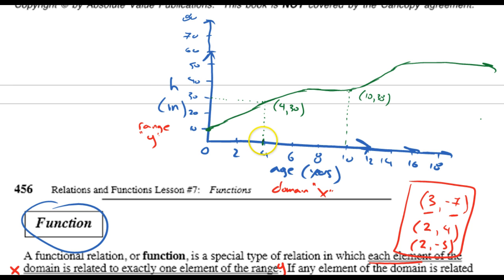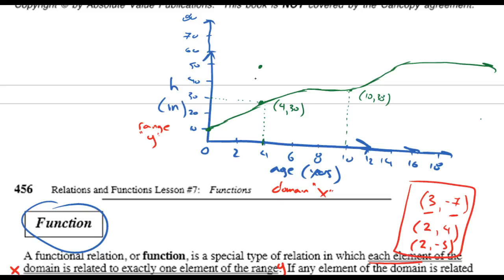If you're 4 years old and you're 30 inches, you can't be 30 inches and, let's say, 50 inches up here. I wouldn't be able to have a graph where I'm 4 years old and 30 inches, and also 4 years old and 50 inches. How can I have two different heights?